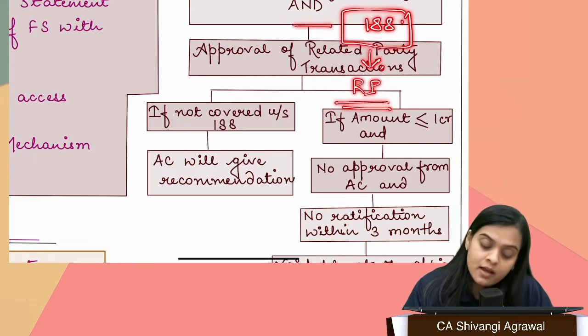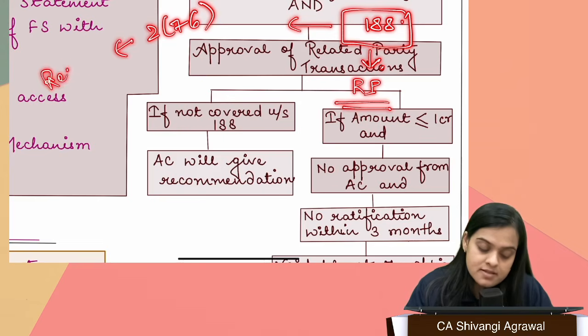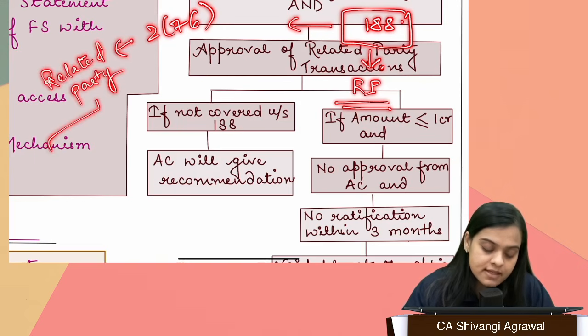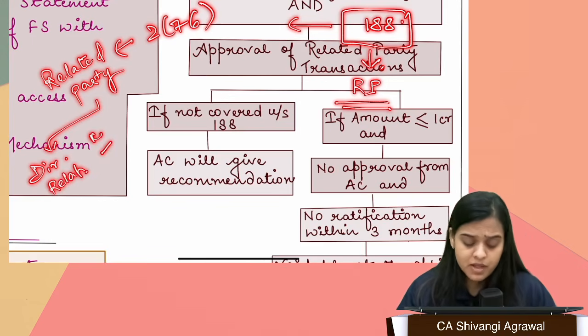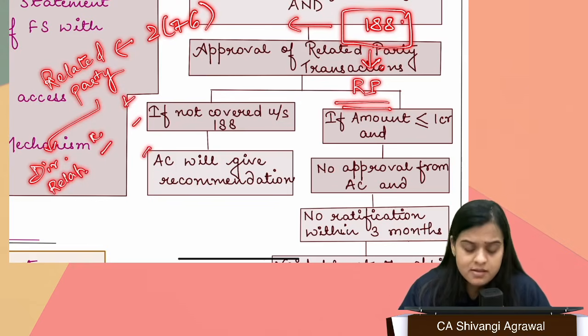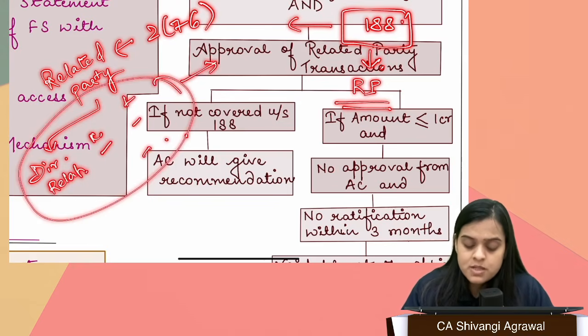Then you have section 2 clause 76, which tells us what is a related party. It clearly says that we have a director, we have the relative of director, we have KMP, we have the relative of KMP, holding, subsidiary, associate, etc. They're all related party to the company.